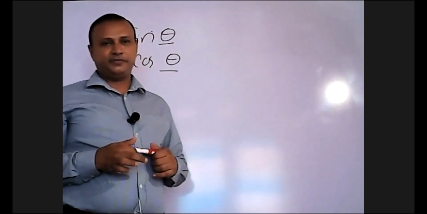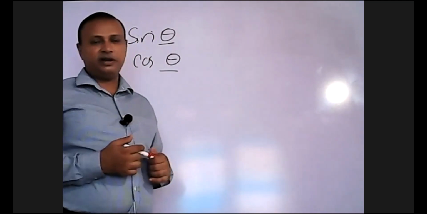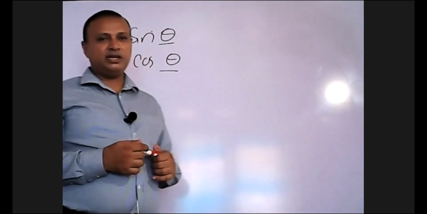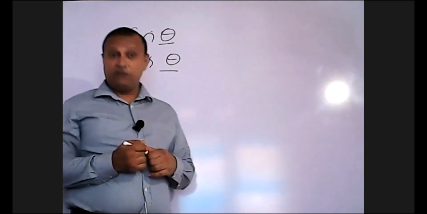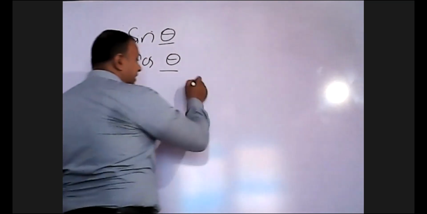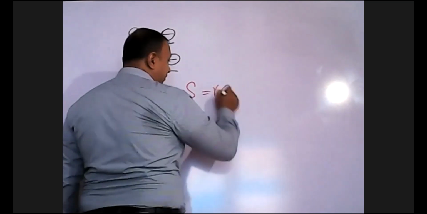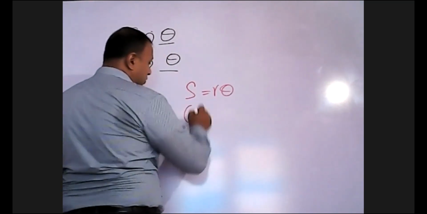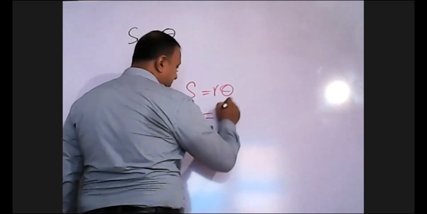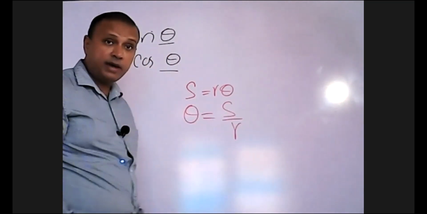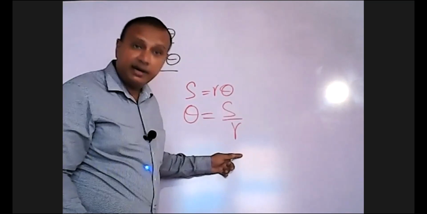Please give me an answer. What is the dimension of an angle? No dimension. Very good. It does not have a dimension because according to the definition of angle, S equals R theta. So theta is equal to S over R. S is the arc length, R is the radius.